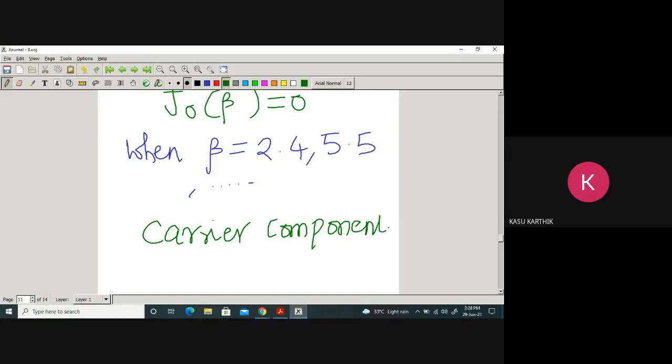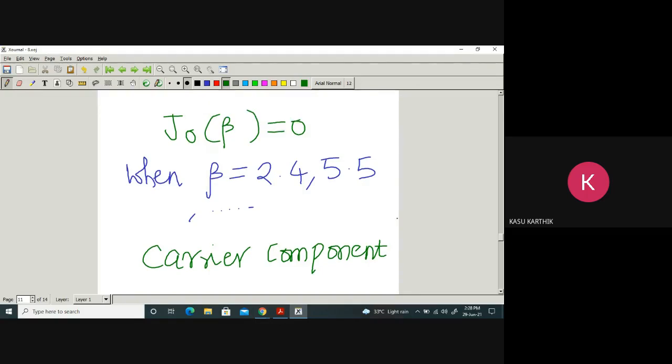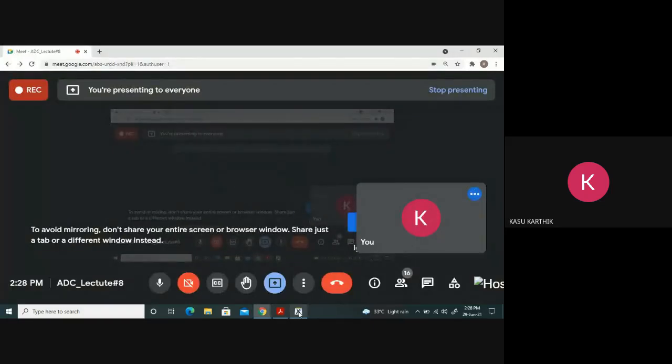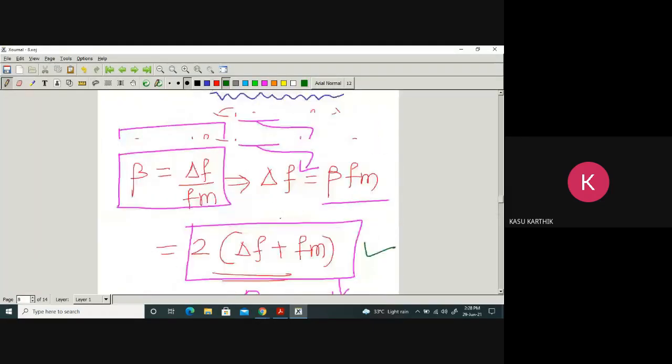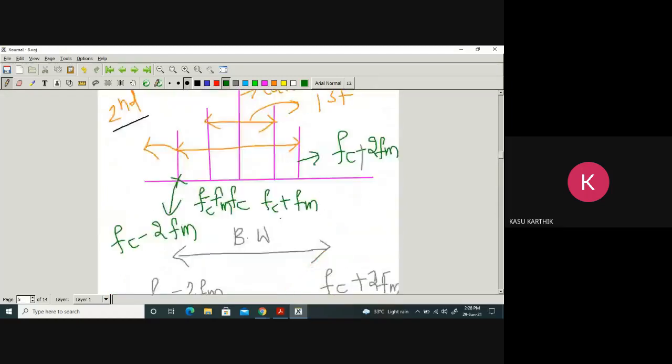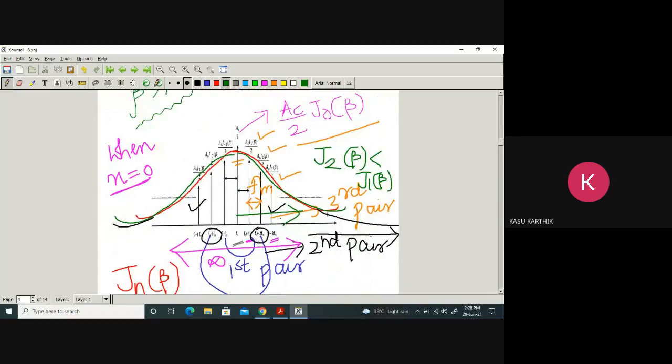Whenever J0(beta) is 0, obviously there is no carrier component, which means whenever beta is around 2.4, you won't get any carrier component. You only get sidebands. That is the significance of J0(beta) equal to 0.